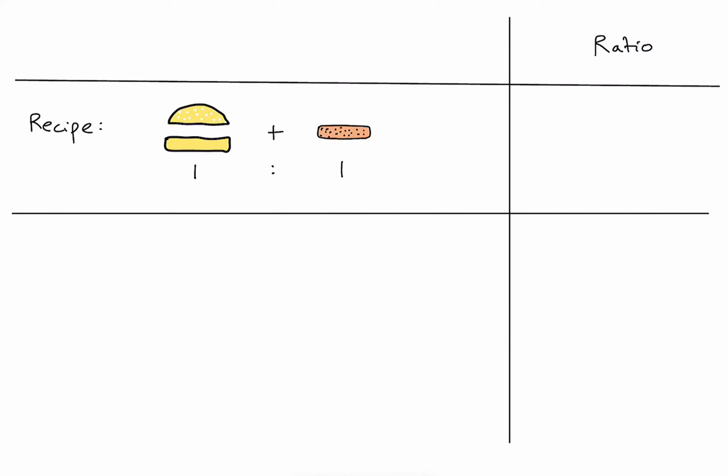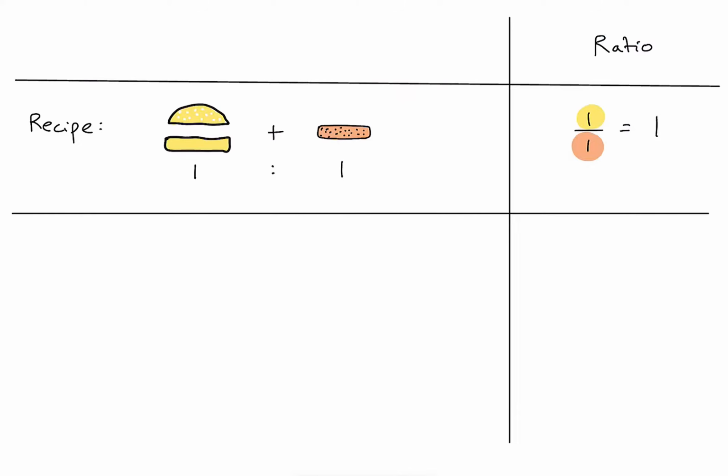Now it's going to be helpful for us to express this ratio just as a single number. So in order to do that, I simply take the ingredient on the left, which is a ratio of 1, divided by the ratio of the other ingredient, which is also 1. If I do 1 divided by 1, that gives me a ratio of 1.